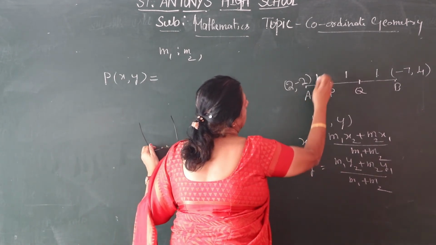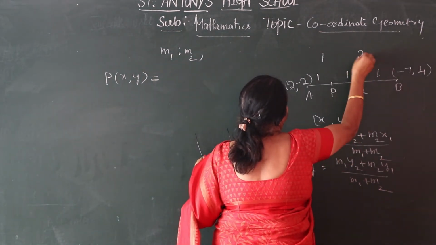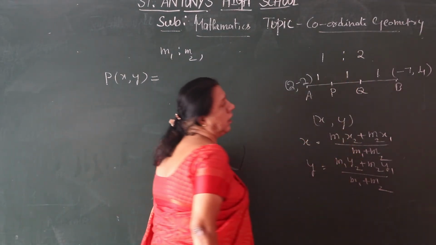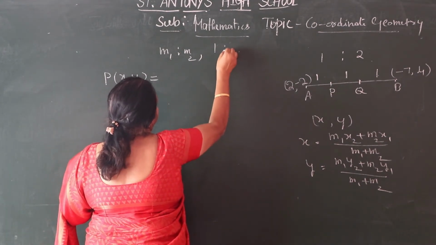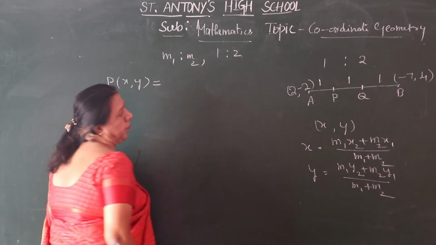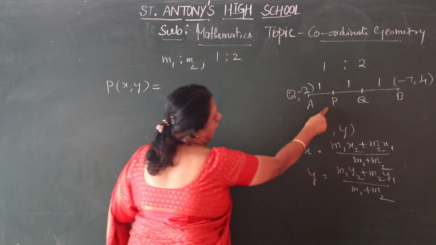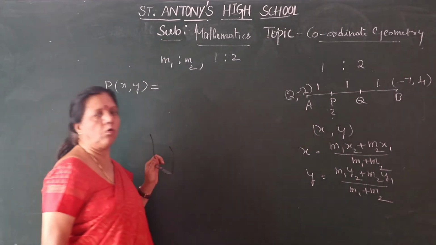Therefore the ratio is 1 to 2, so M1 is 1, M2 is 2. We are finding the P coordinates.